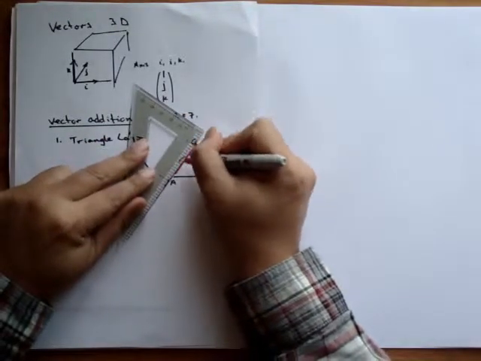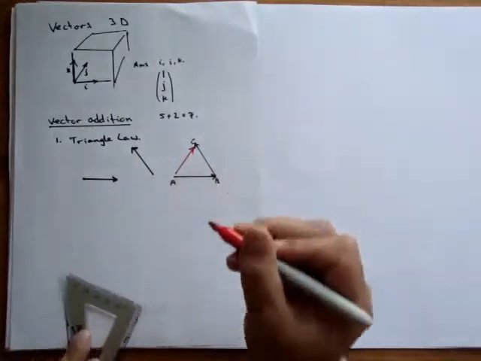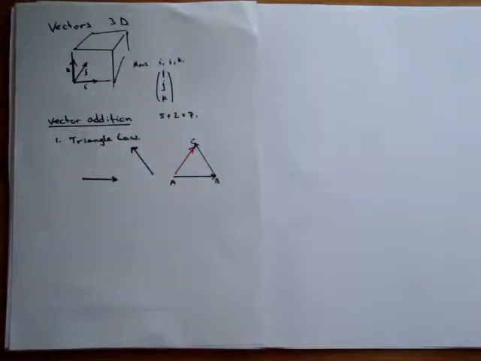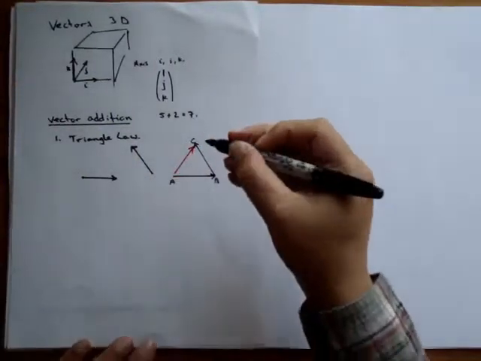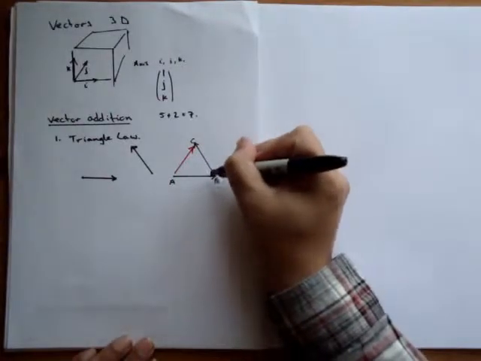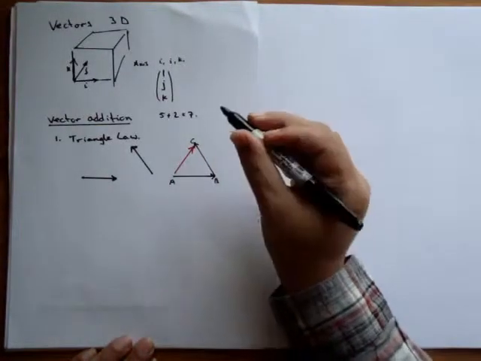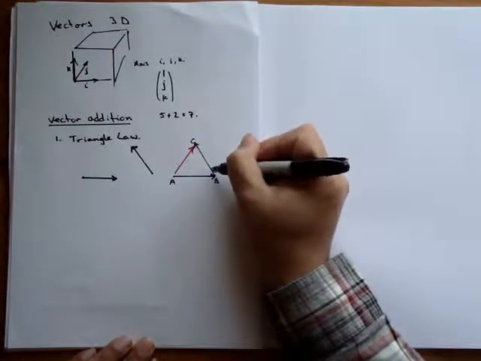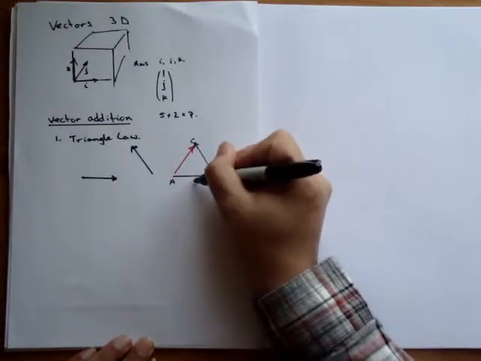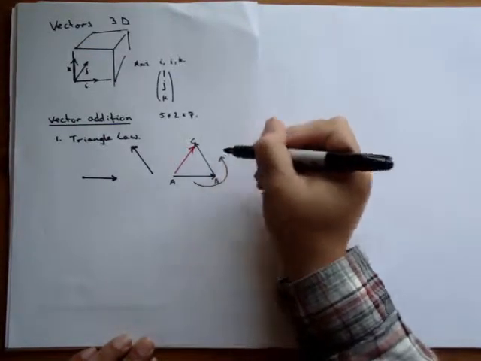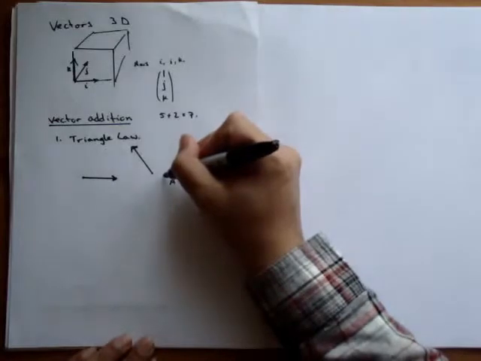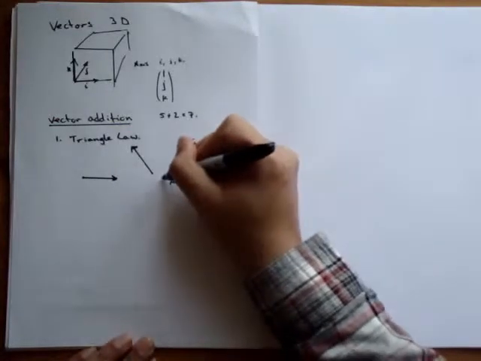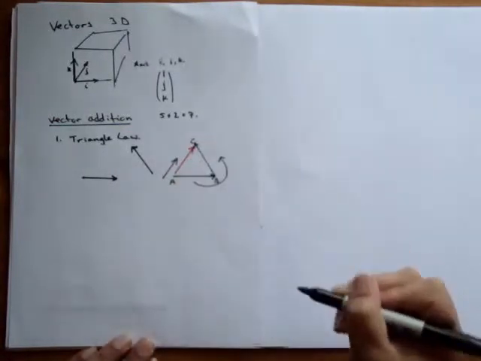So we notice in this that the two vectors we're adding together go from the tail to the tip, and then the tail to the tip, that way round, and this is anti-clockwise, and our resultant vector is clockwise.